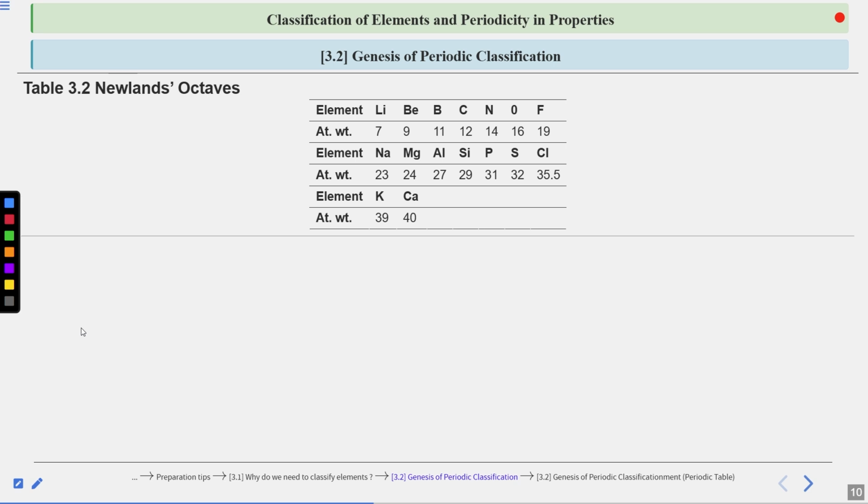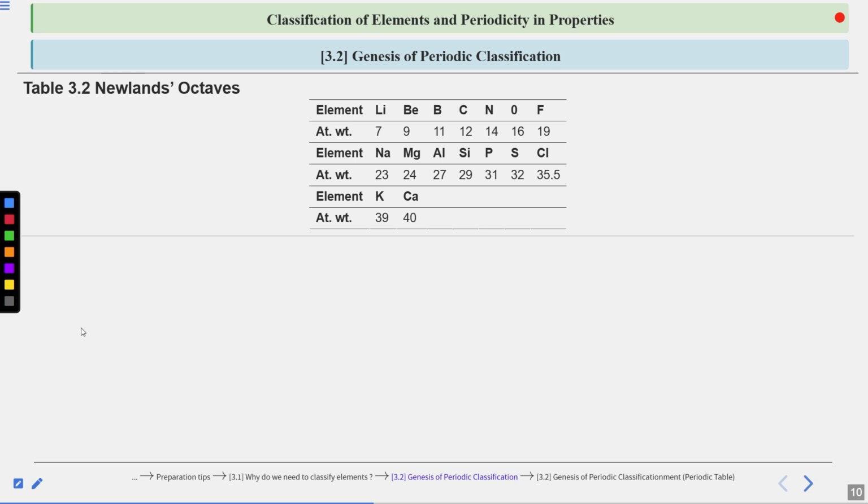Again, move on further: sodium, potassium, aluminum, silicon, phosphorus, sulfur, chlorine. As we come to the 7th element, we again come back to the first one, potassium. So we are placing the 8th element below the first element in each row.